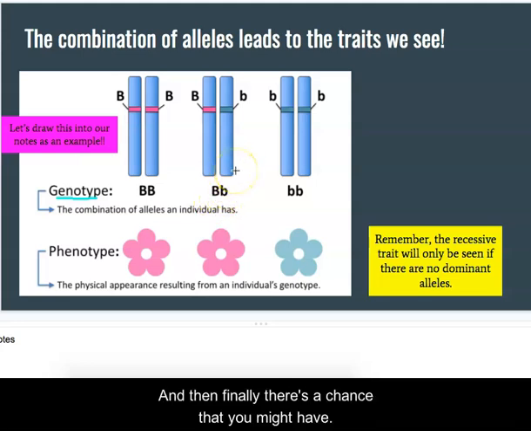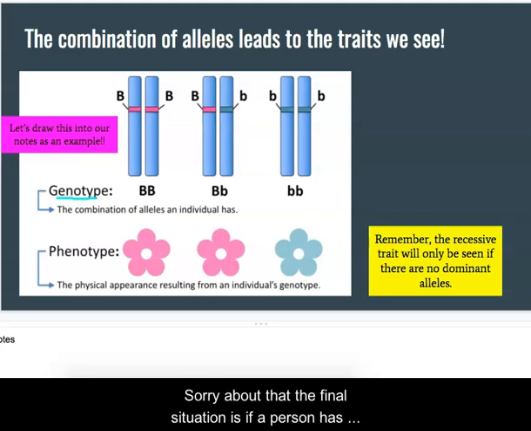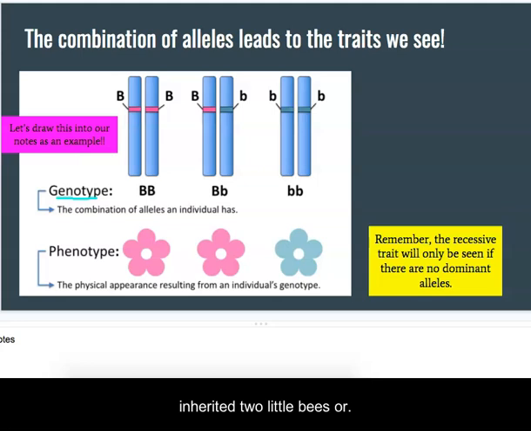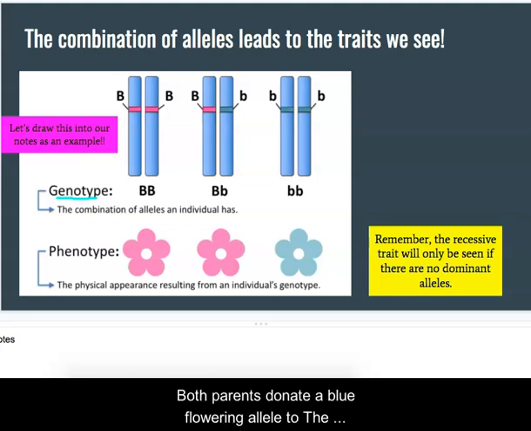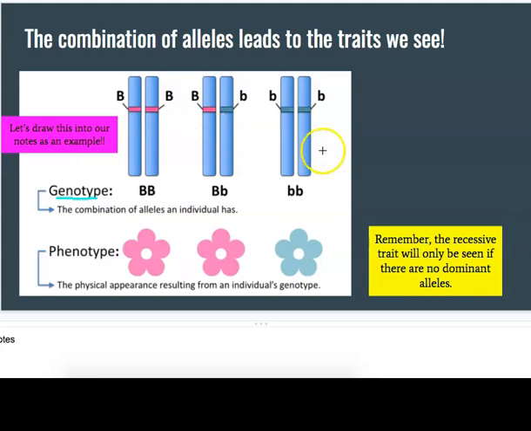And then finally, the final situation is if a person has inherited 2 little b's, or both parents donate a blue flowering allele to the offspring. So their genotype would be little b, little b.